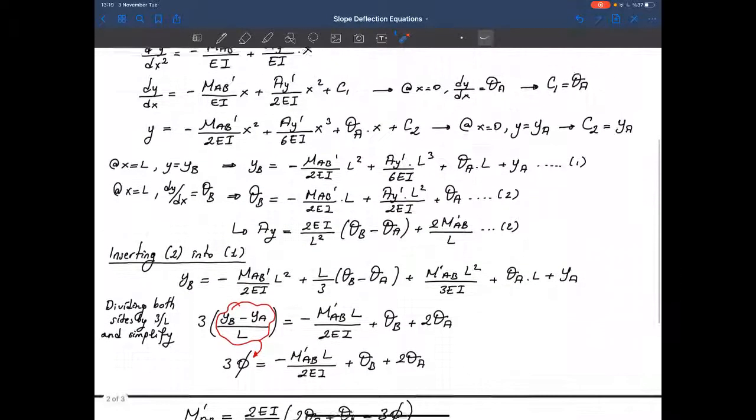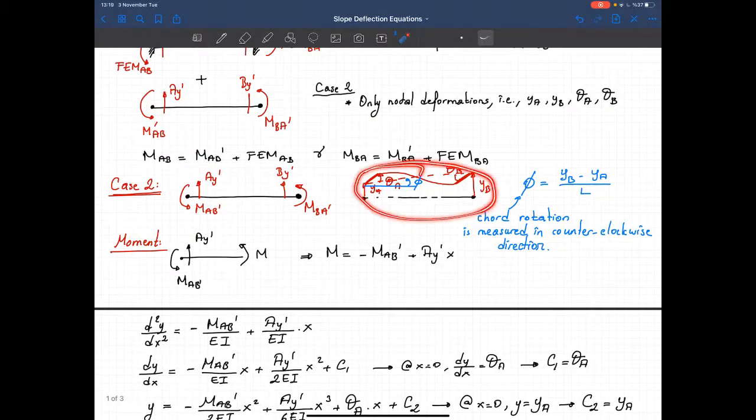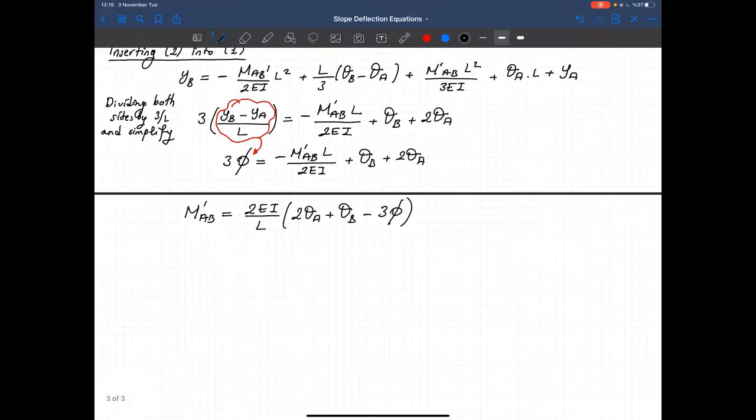So this is the solution of case 2. We already solved this part. We related MAB prime with the end deformations. If I want to write the actual moment, that will be equal to 2EI over L times 2 theta A plus theta B minus 3 times the chord rotation, plus fixed end moment AB.